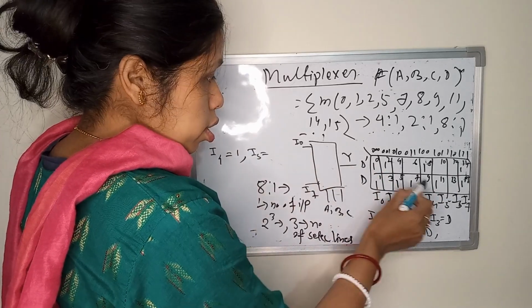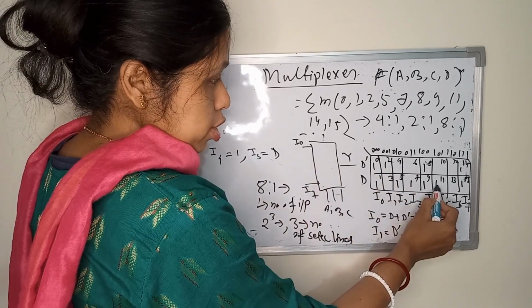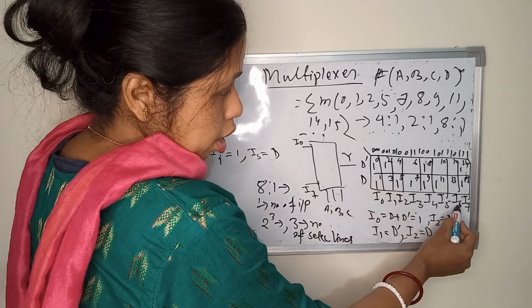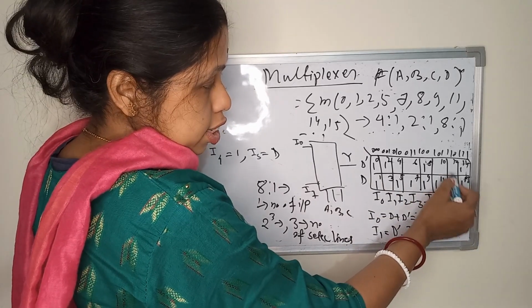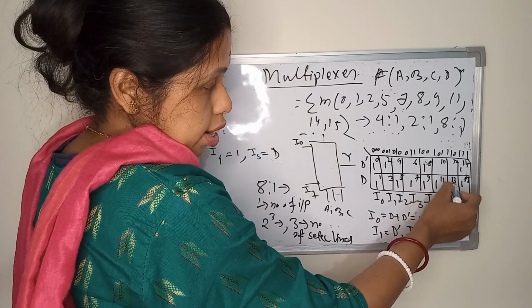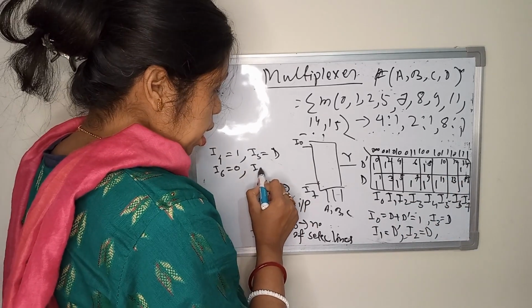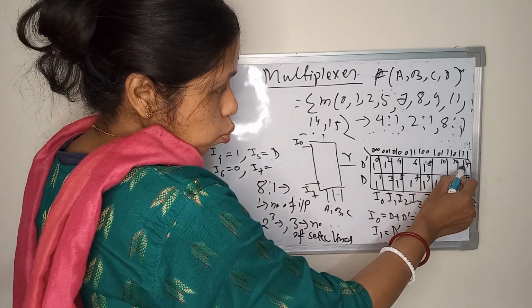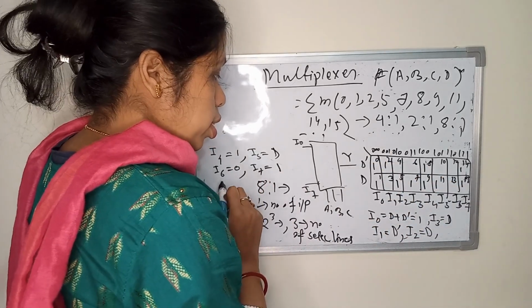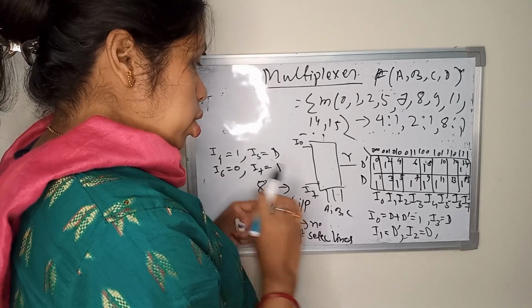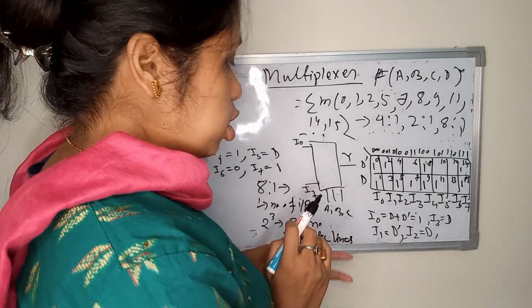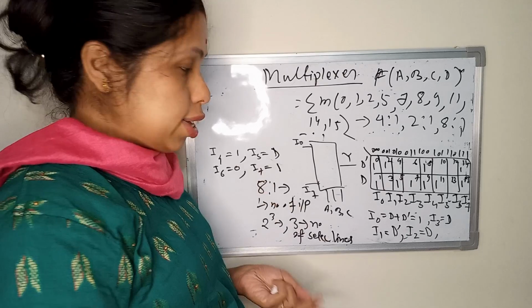I5 again is D. For I6, no 1 is there, so I6 is 0. And I7 is again 1 plus 1, which is 1. So these are the relationships between D and I0 to I7.